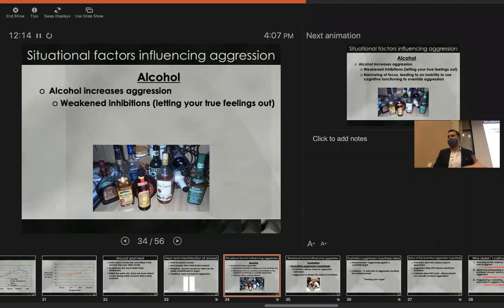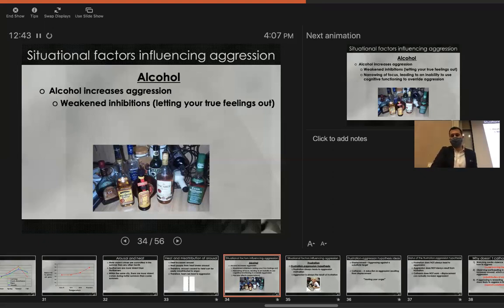We've learned that to function in society, you can't just be aggressive against people, right? So we can inhibit our own behavior. But when you're drinking, that inhibitory mechanism is weakened. We're less able to inhibit ourselves, and therefore our true feelings are more likely to come out. And so if your true feelings are already aggressive and you're less able to inhibit them, you're going to behave more aggressively under the influence of alcohol. Okay, so that's one reason alcohol can increase aggression.